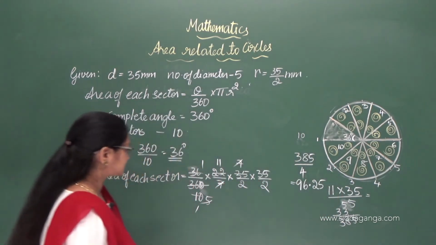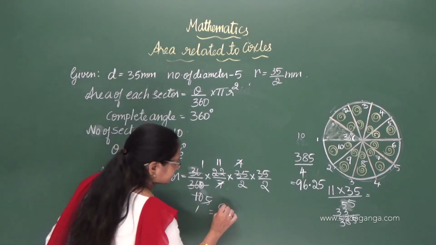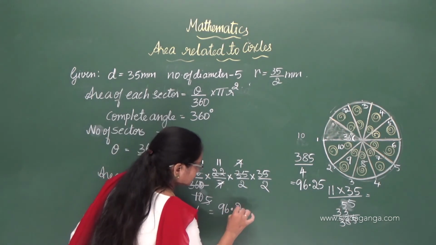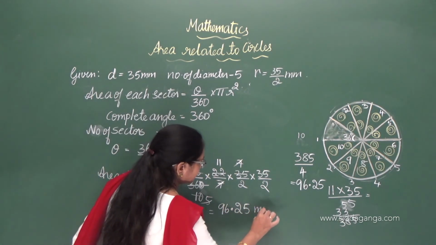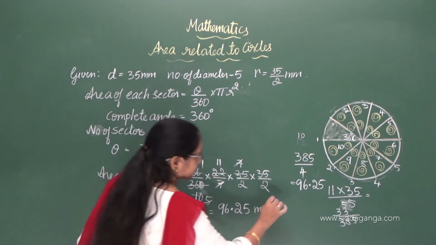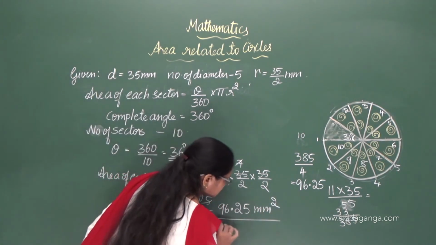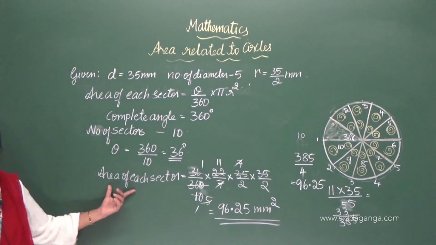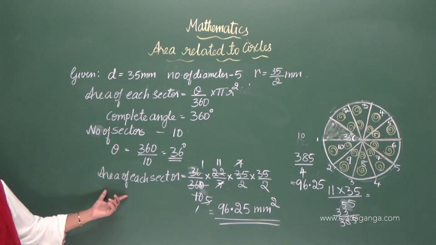So 96 point, so the answer will be 96.25 millimeter square. Why? Because you all know it is the area of each sector.